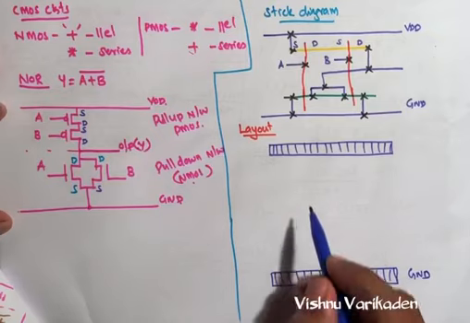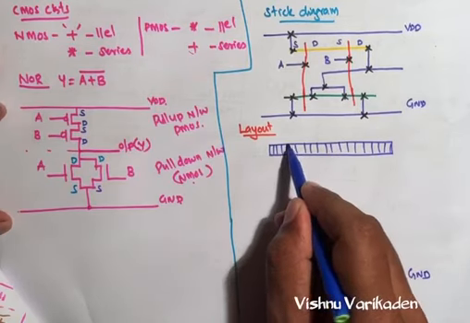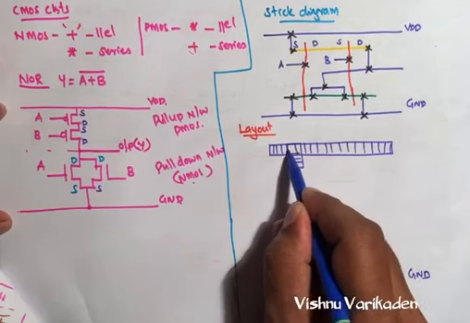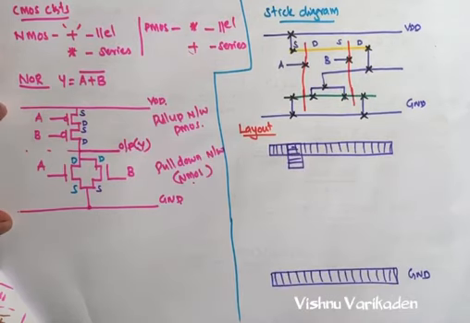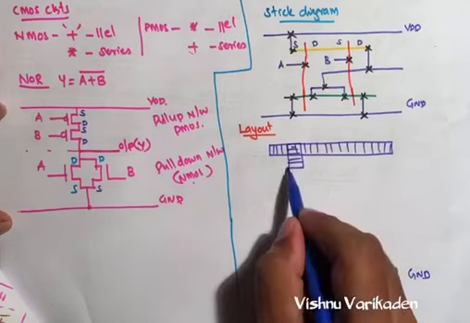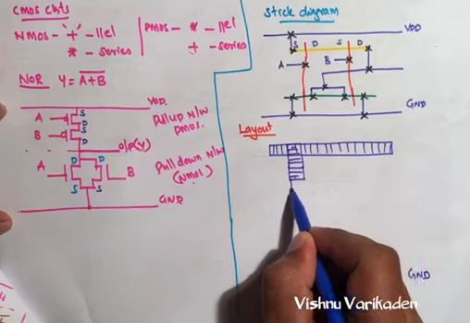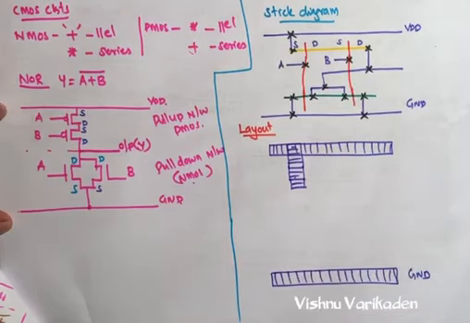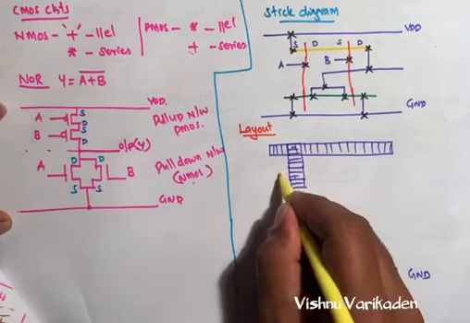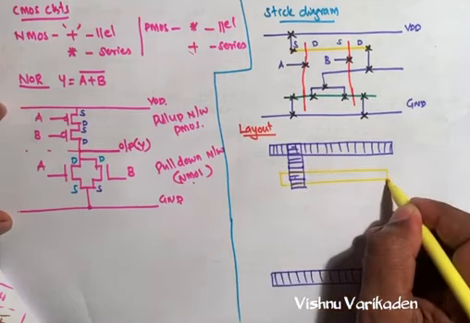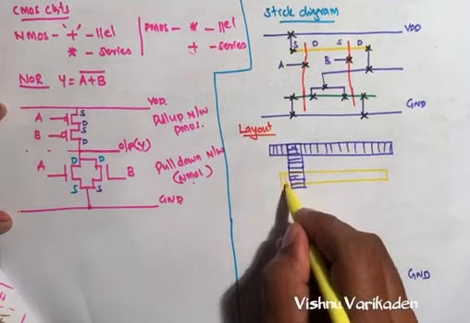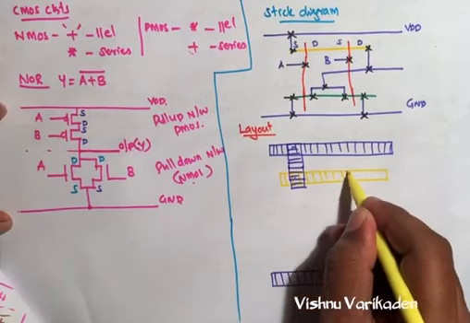So we can start from the metal part. This is our metal part. So now we can make some more area. So we can make the P diffusion by yellow.